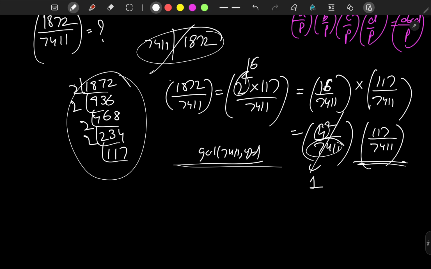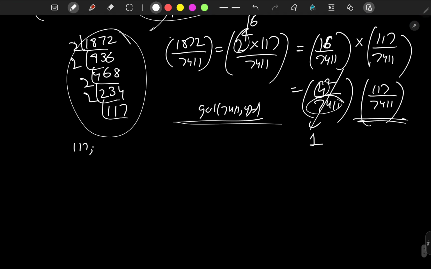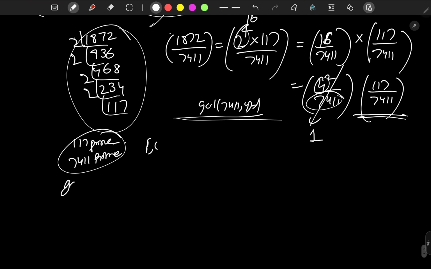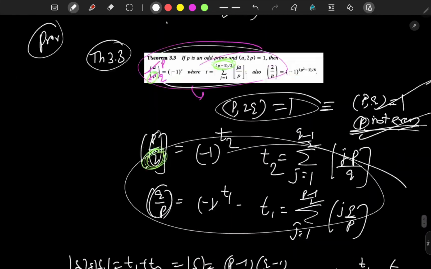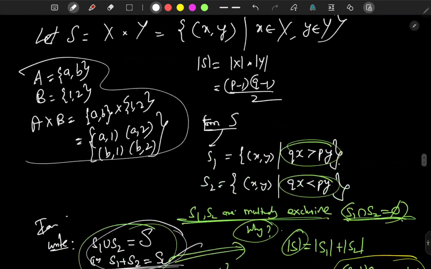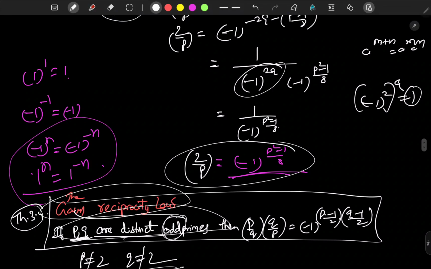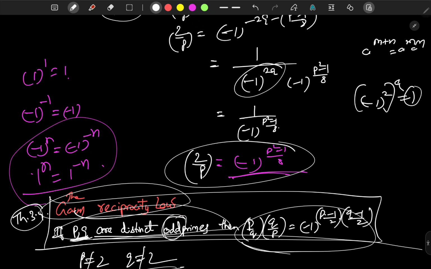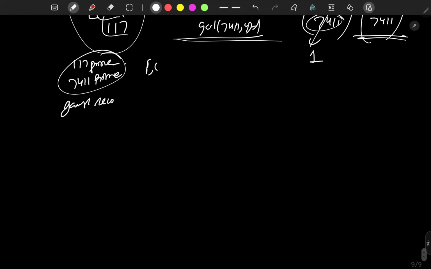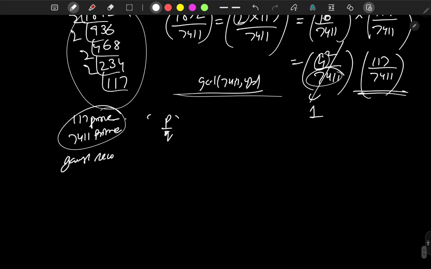Now, just for fun, 117 is a prime number and 7411 is a prime number. Since both are distinct primes p and q, just apply the Gauss reciprocity law, the formula we have just seen: p by q into q by p equals minus 1 whole power p minus 1 by 2 into q minus 1 by 2.